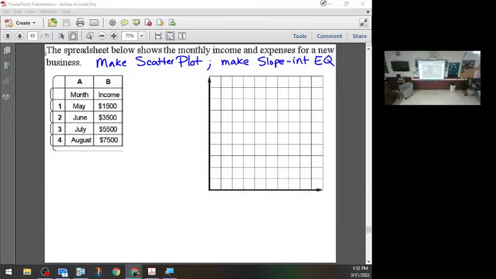Remember, it's not enough to just have the graph. We want the equation. Make your trend line. Follow our rules for your line. Get a couple points.